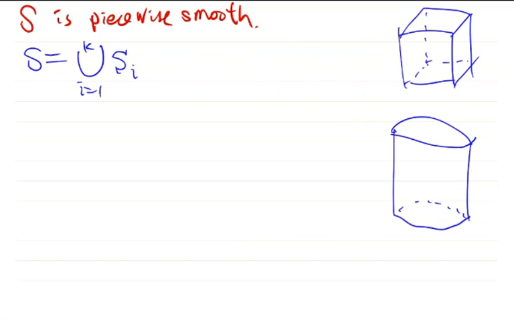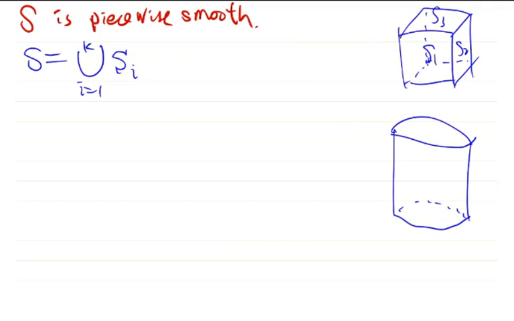So for the cube, we have six surfaces: S1, S2, S3, and so on. Altogether, we have six flat surfaces, and each such flat surface is a square. So the boundary of the cube consists of six squares. All the squares are actually smooth surfaces, but they are flat.